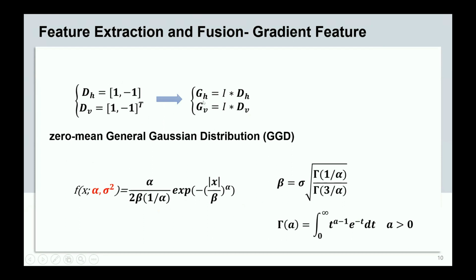Same like the PC, it's not so easy to use GH and GV directly, so we use zero mean generalized Gaussian distribution to fit these results, and we get alpha and theta square as the feature.